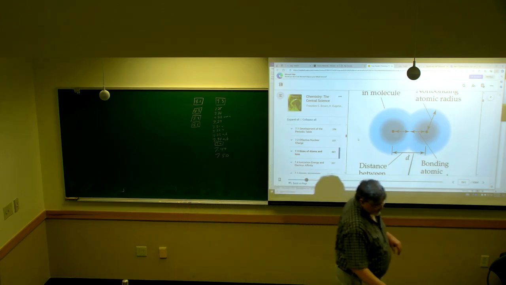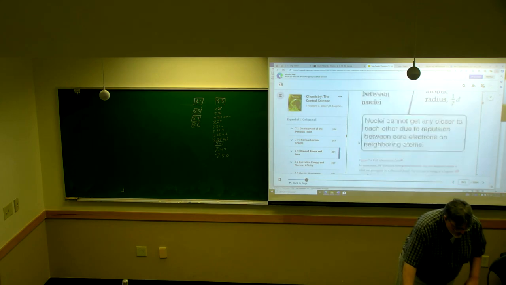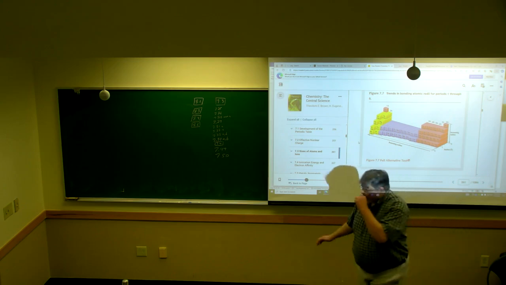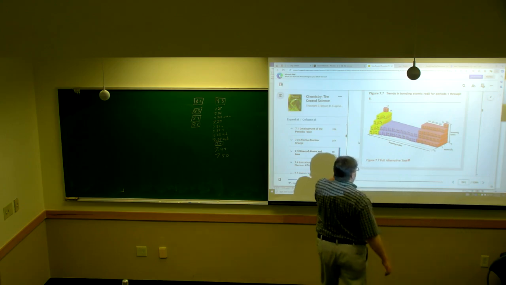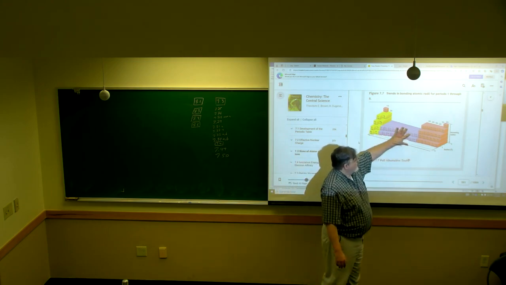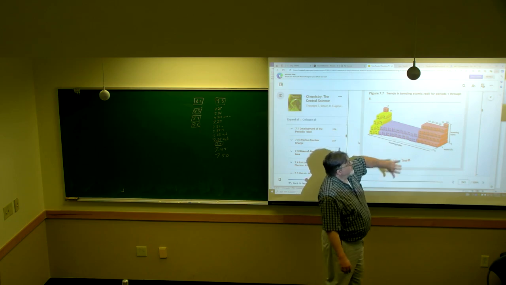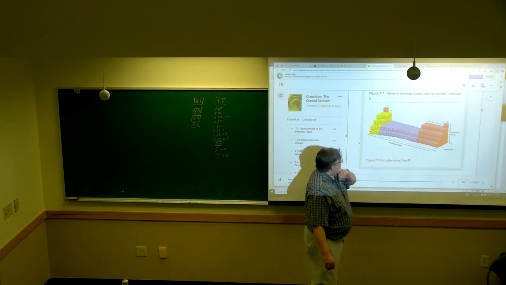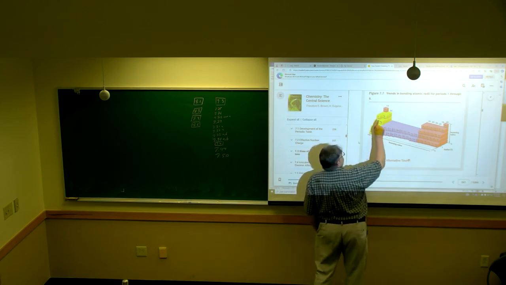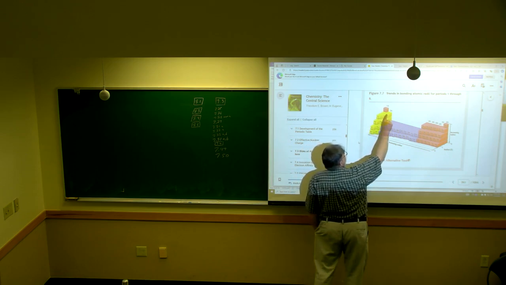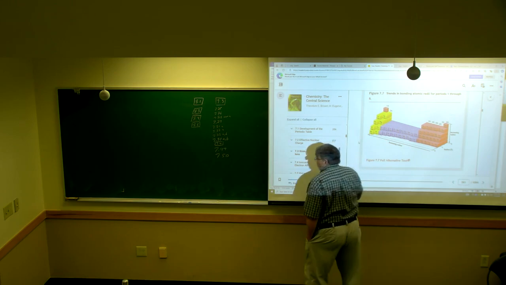But all I really want to say about these is a general trend. Because it's a general trend, if I wanted you to know specific numbers, I'd give you the numbers, but assume you won't have this on the test. Just the idea here is, going straight down this column, you can see the length here in angstroms.